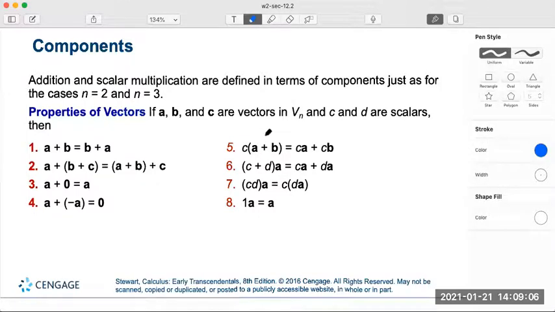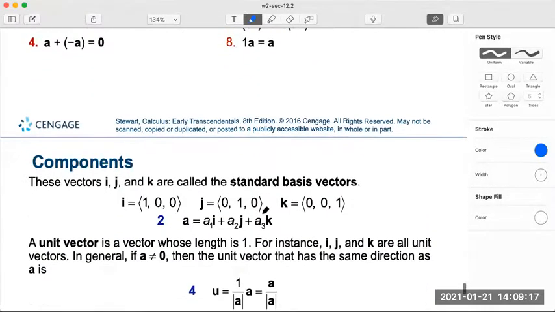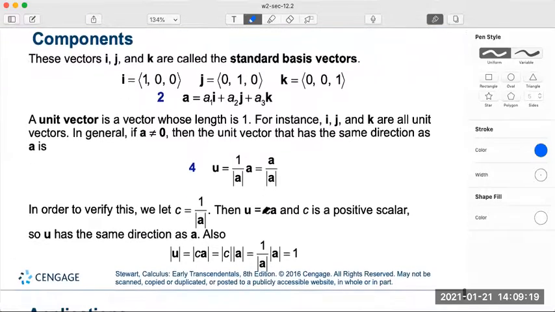A number multiplied with a sum of two vectors will be C times A plus C times B, and similar things here. One multiplied by A will be A. So these are simple, and these are basic vectors.